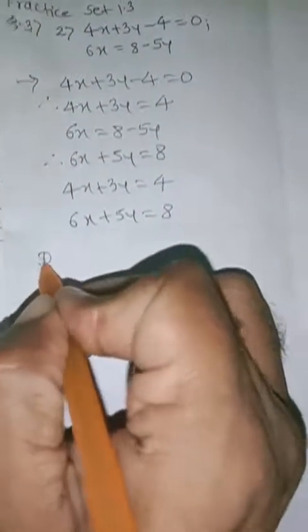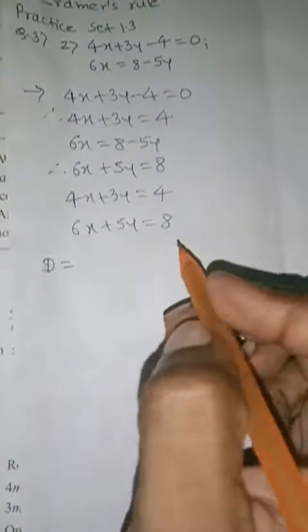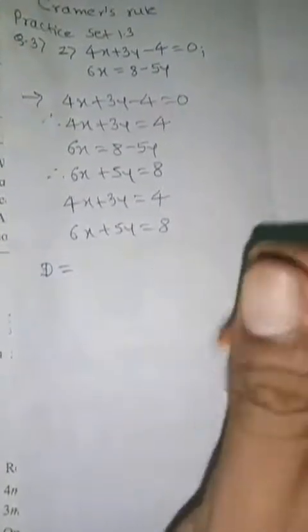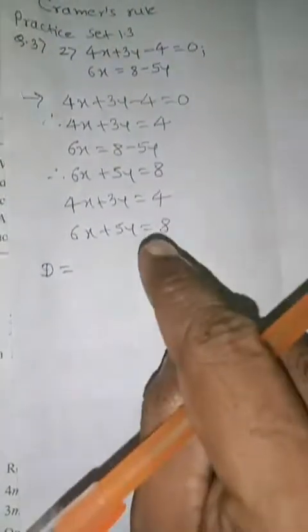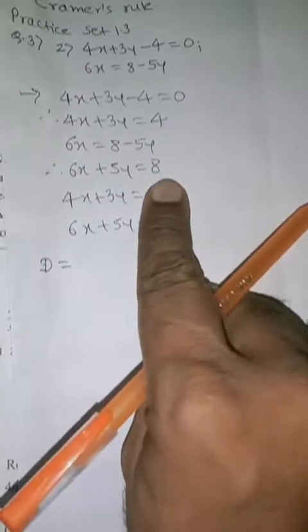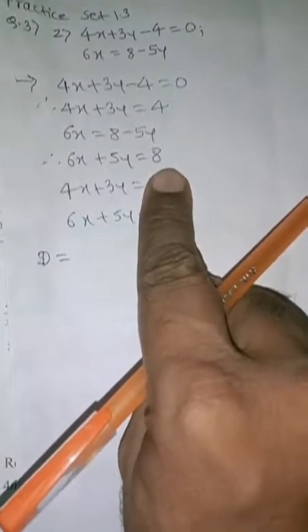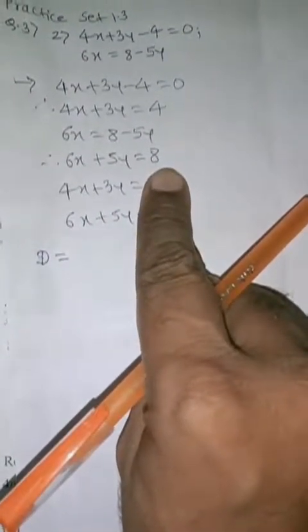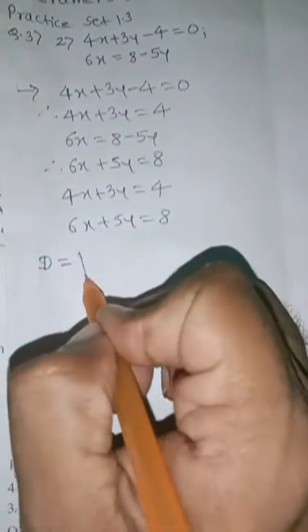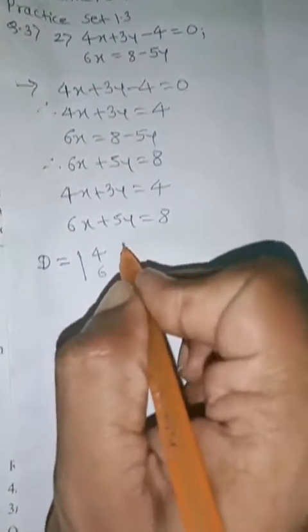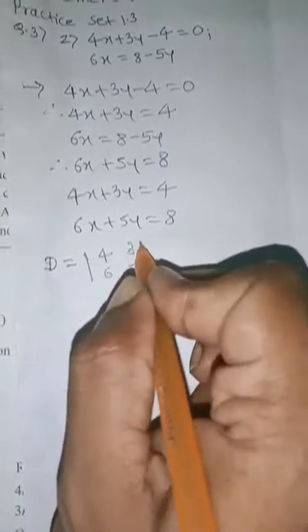First D. For finding D, we have to put your finger, okay, and write the coefficients of x and y. Here the x coefficients are 4, 6 and the y coefficients are 3, 5.